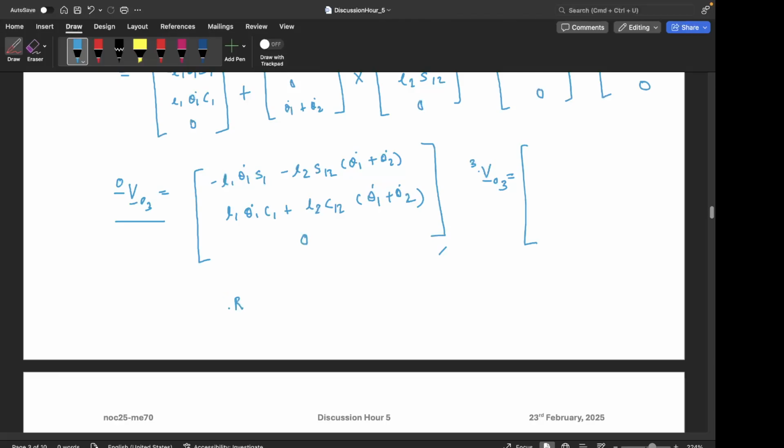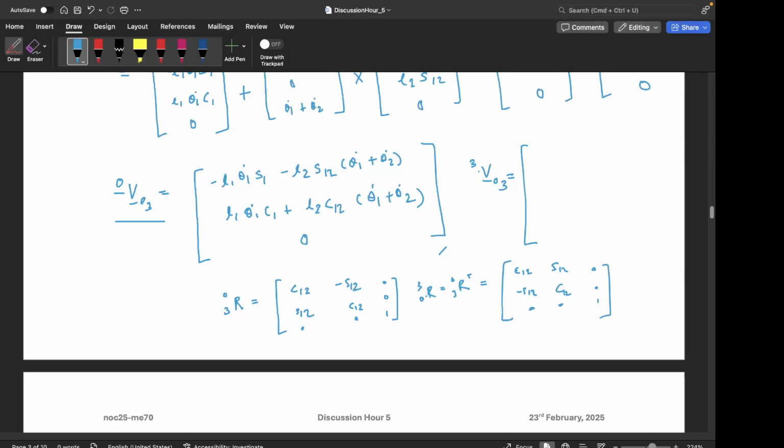So this rotation matrix from 3 to 0 is C12, minus S12, 0, S12, C12, 0, 0, 0, 1, and the opposite transformation will be taken care of by the transpose of this, which is C12, S12, 0, minus S12, C12, 0, 0, 0, 1.